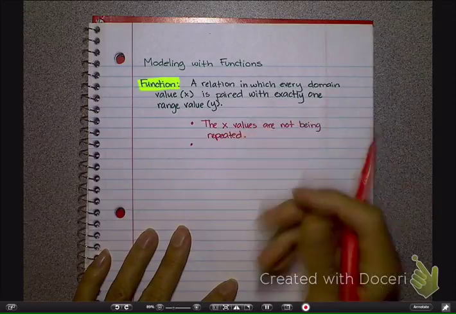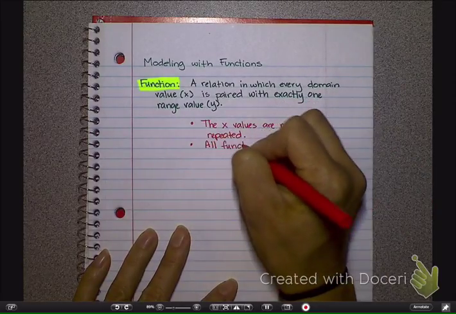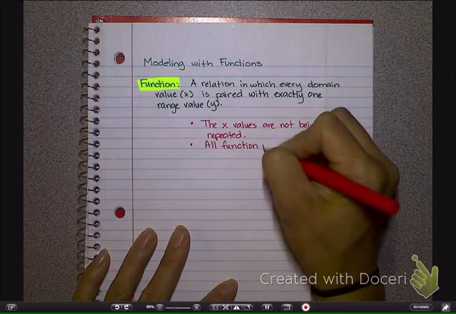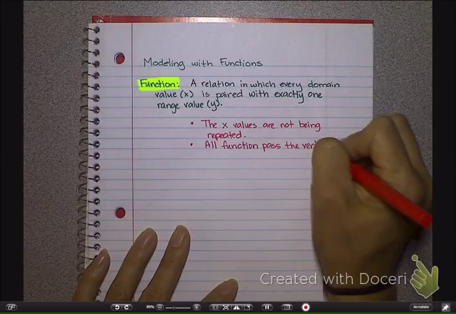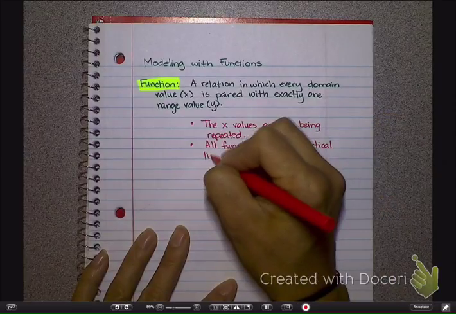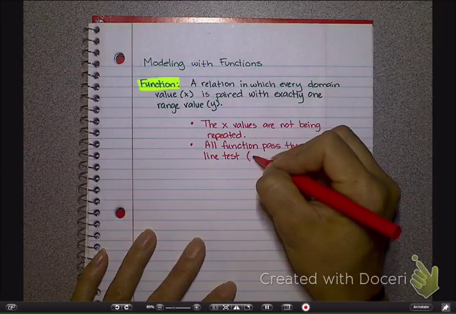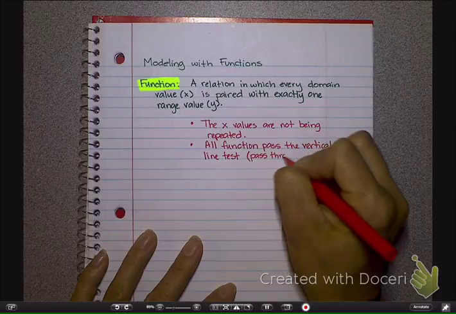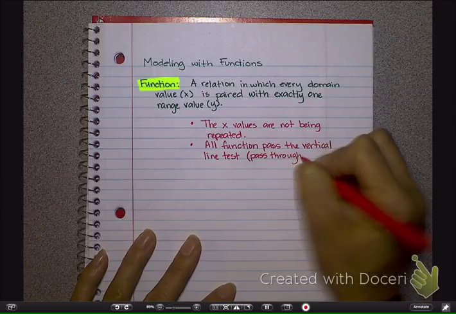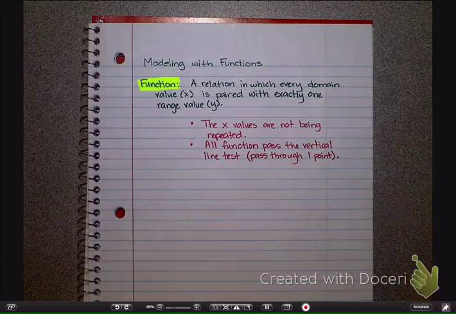Also, like we talked about earlier, all functions will pass the vertical line test, which means the line only passes through one point. If it passes through more than one point, it's not going to be a function.